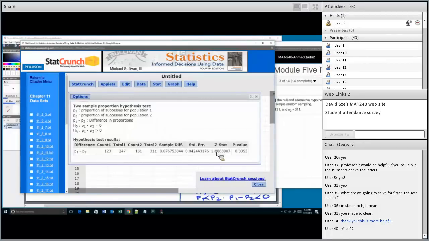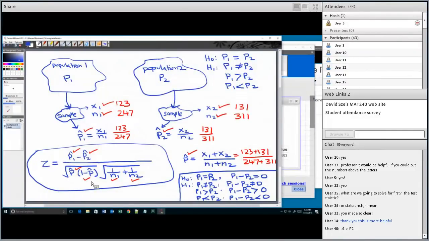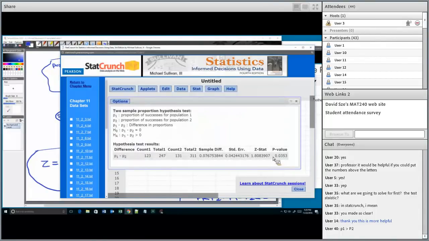This Z-stat is essentially this whole equation here. It took your numbers, plugged them in, calculated all of this, and then calculated the Z-stat, which is 1.808. The associated p-value with that Z statistic is given right here, 0.0353.